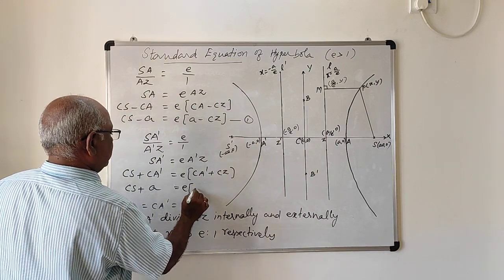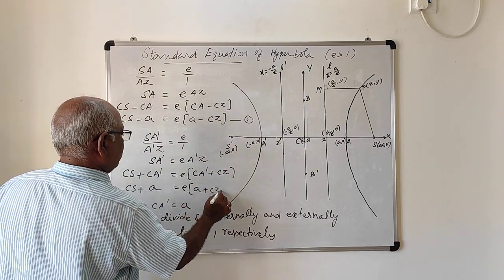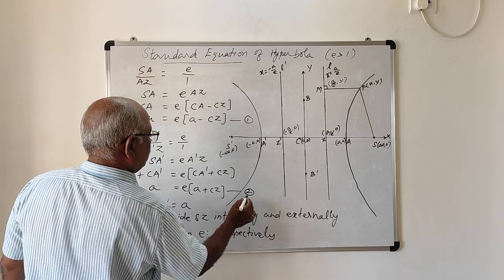So CS plus a equals e into (a plus CZ). Call this equation number 2.